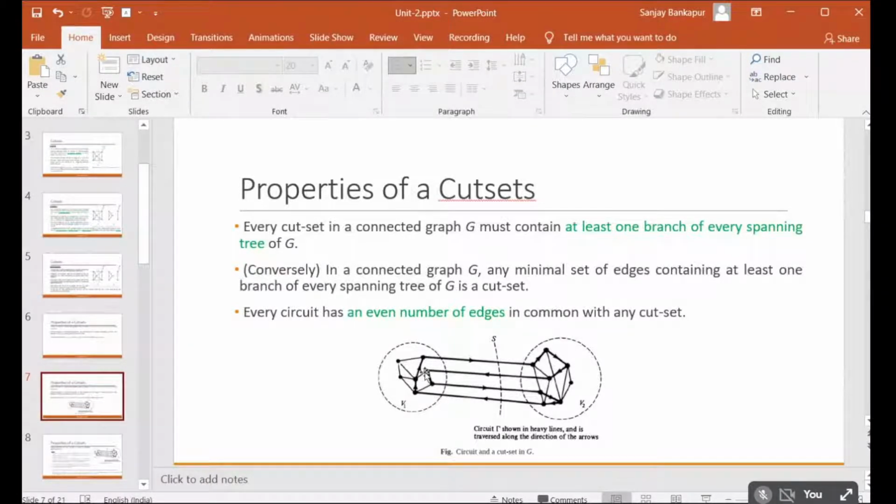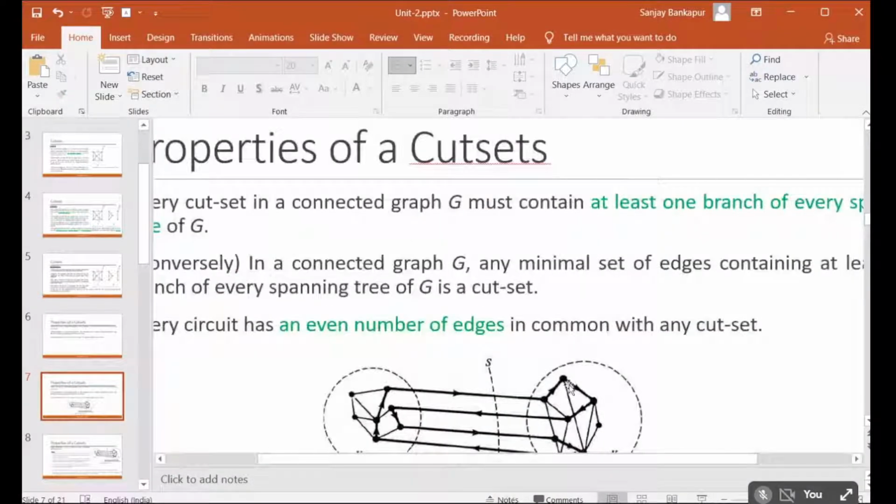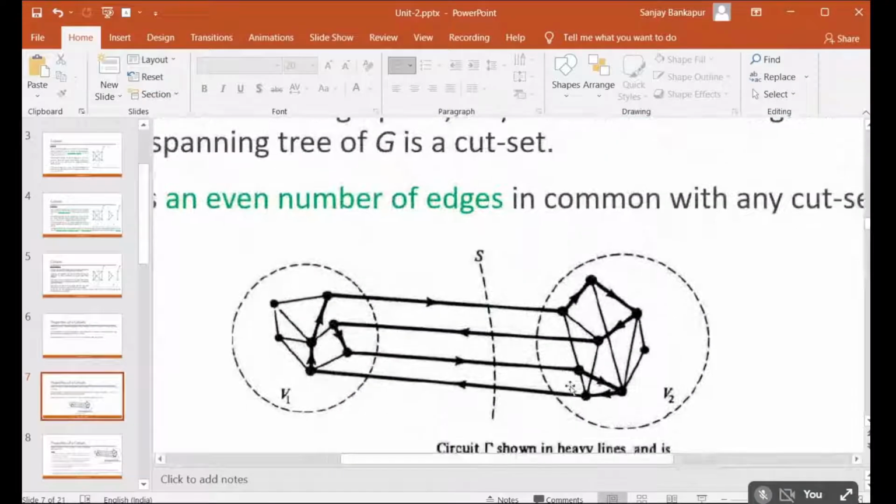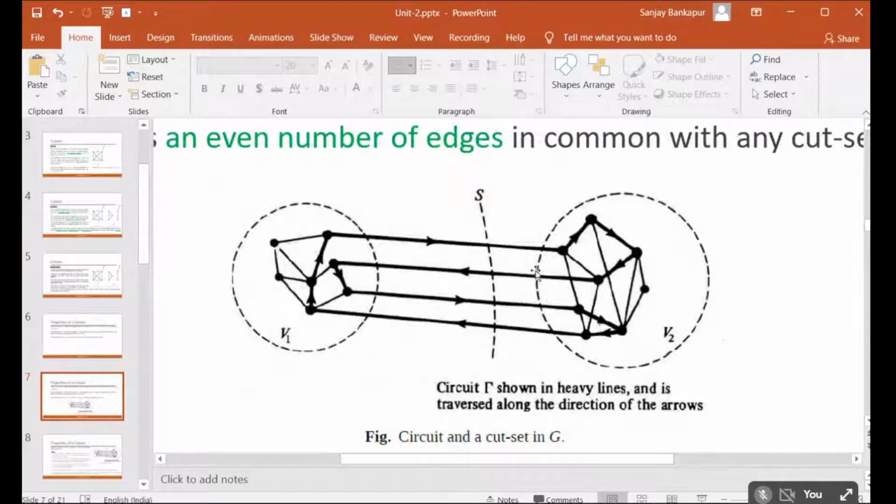The thick, heavy lines with arrows represent tau. Let me zoom in. Say we start from this vertex, go like this, and come to this part. It again goes back, connects, and comes back again. Okay, it's a complete circuit. So the circuit is indicated with tau.